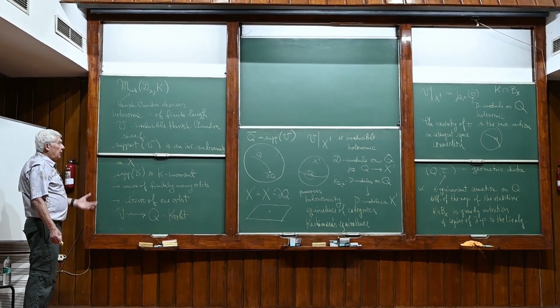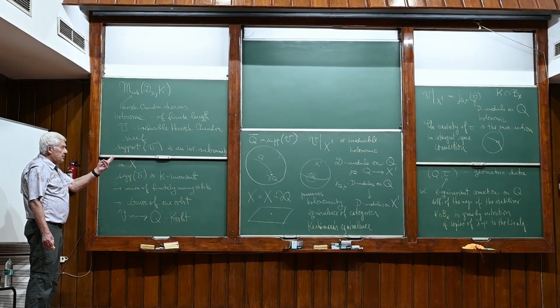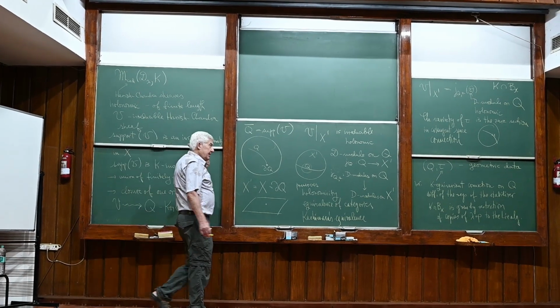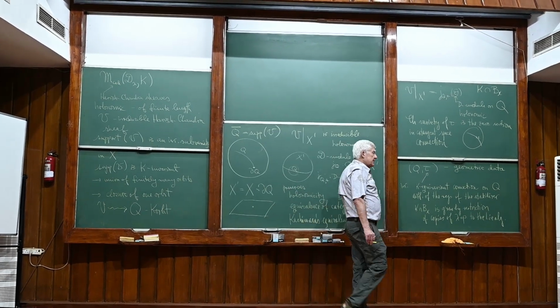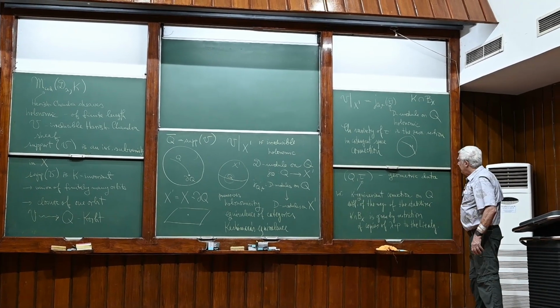And therefore, in this case, the number of these geometric data will be exactly the same as the number of orbits, the number of Bruhat cells, as you will see in a moment.